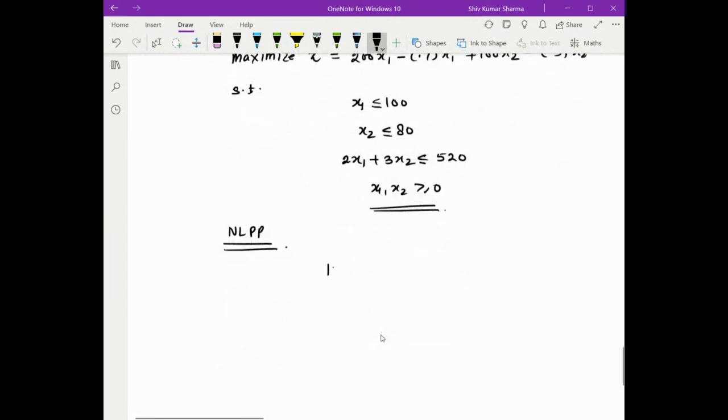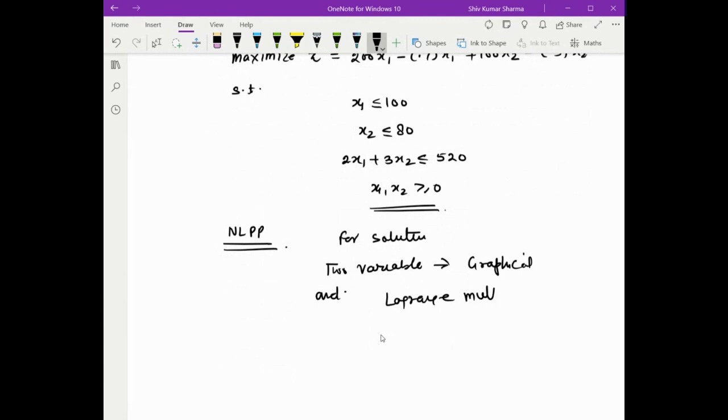So for two variables, this is the formulation. Then for solution, same as the two variable case, we use the graphical method, and for two or more than two variables, the Lagrange multiplier method.